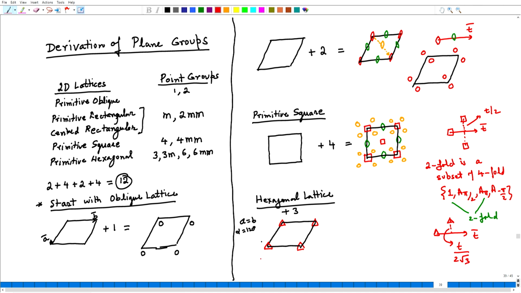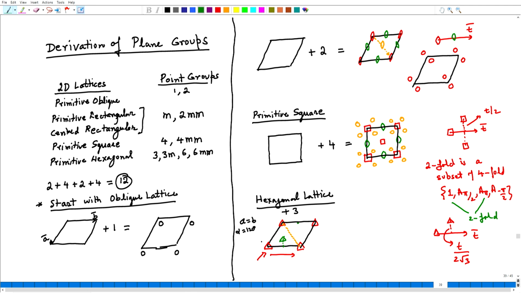Suppose I take this particular threefold and do a translation of B vector, then where will that threefold evolve? So, what we can do is divide this cell into two equilateral triangles, and now on the perpendicular bisector, this distance will take me exactly to the centroid of this equilateral triangle, and therefore, a threefold will show up here.